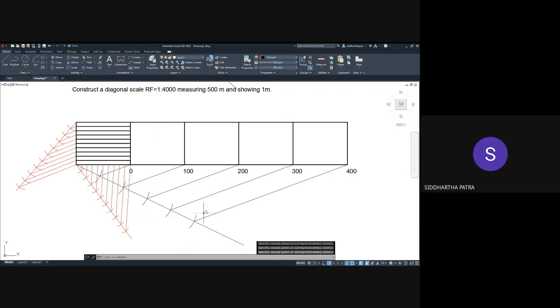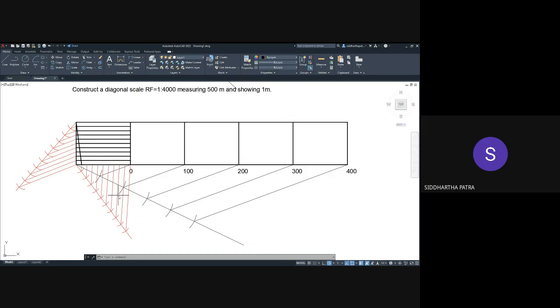And if we now join these set of lines, look at this slant line.